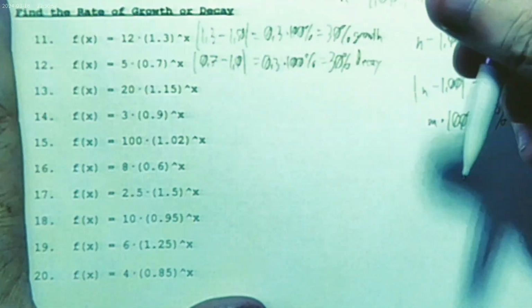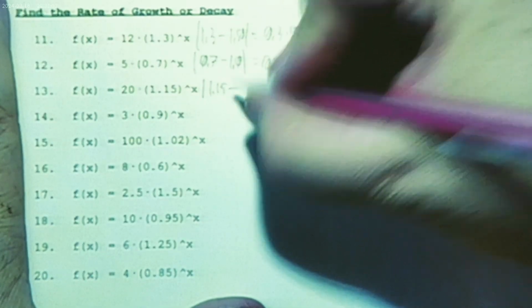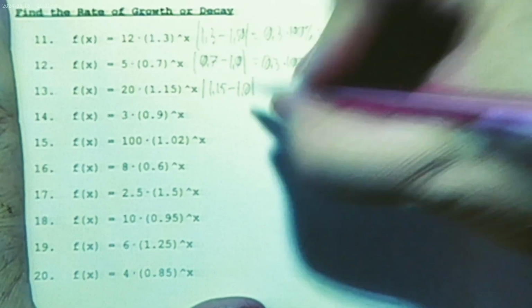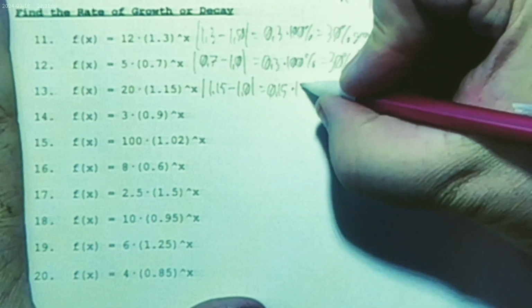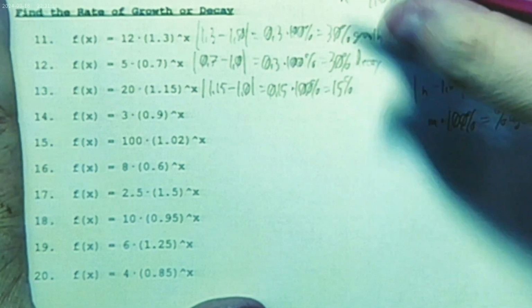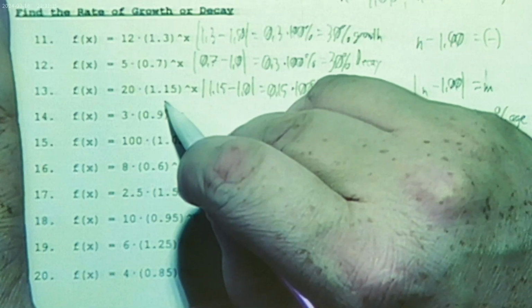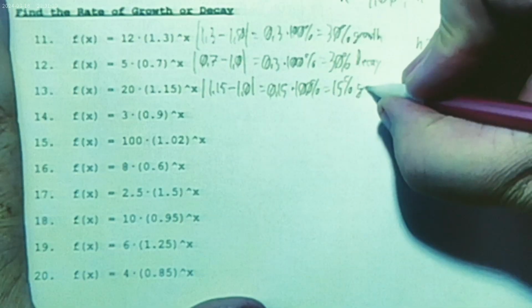All right, yeah, I think I got this worked out here. So 1.15 minus 1.0 equals 0.15 times 100% equals 15%. And because this number is greater than 1 or 1.00, that means that it's growth.